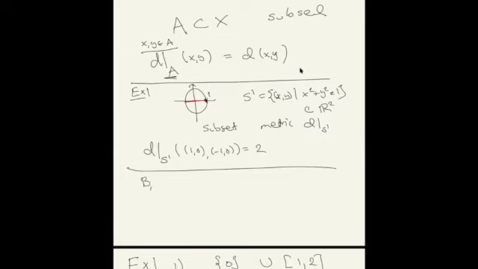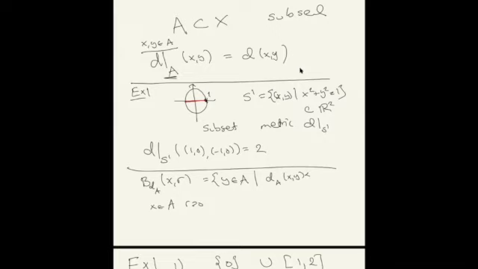So if I take a ball with respect to d_A, centered at x with radius r, and if x is in A and r is positive, what is this? This consists of all the points y, but this time this is a ball in A. So all the points y such that the distance in A between x and y is at most r.